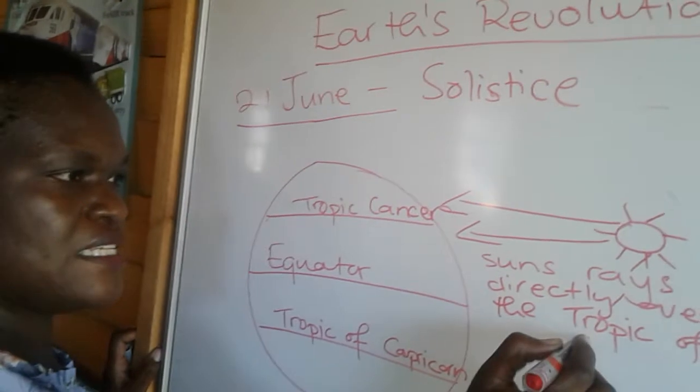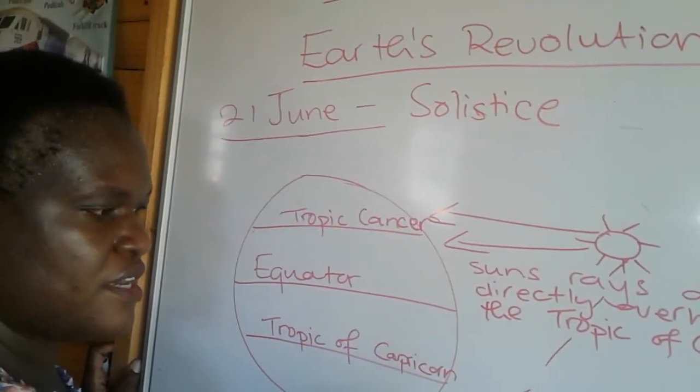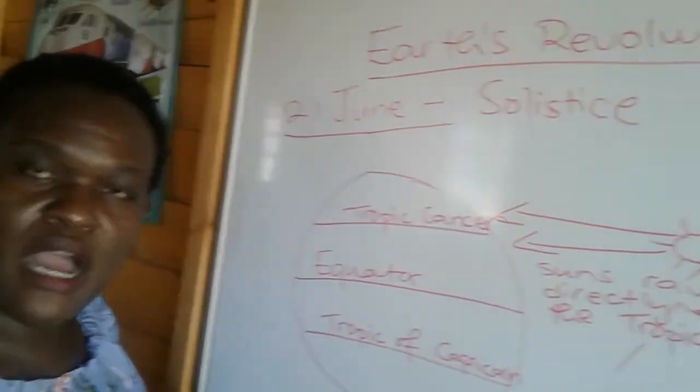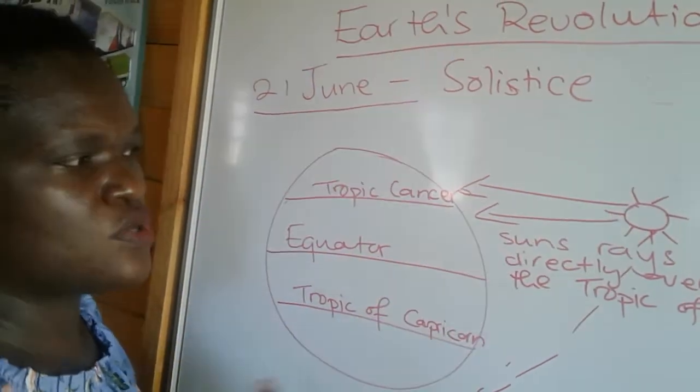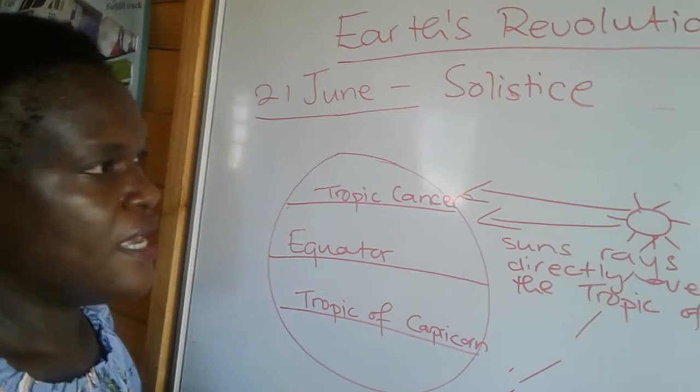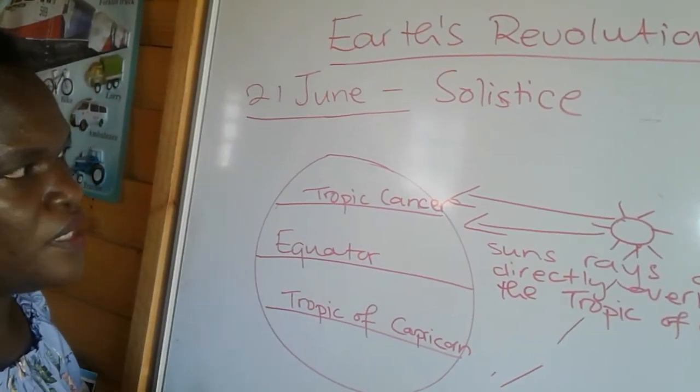And then us here in the southern hemisphere, it means that the earth is tilted away from the sun here. And as you can see also, the sun is hitting at an angle there.